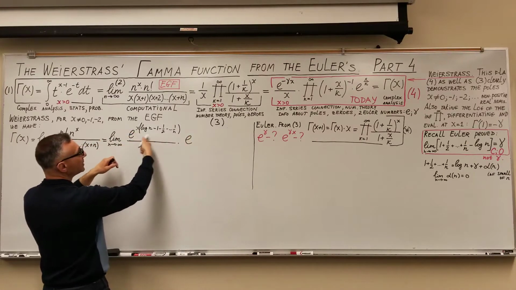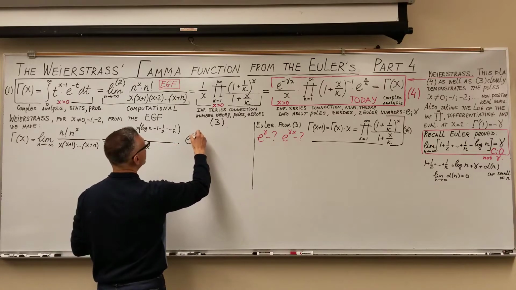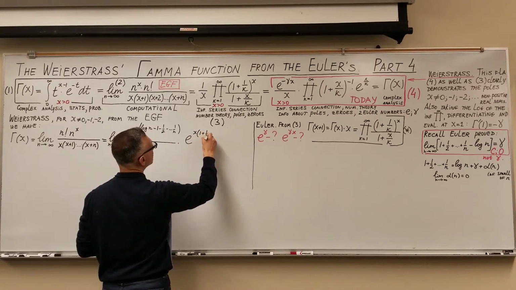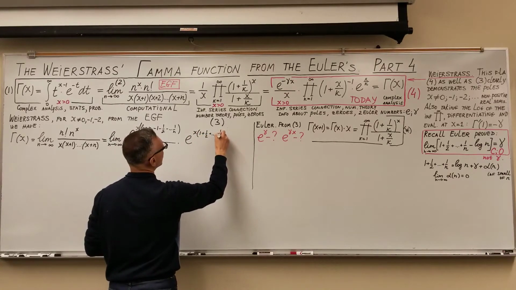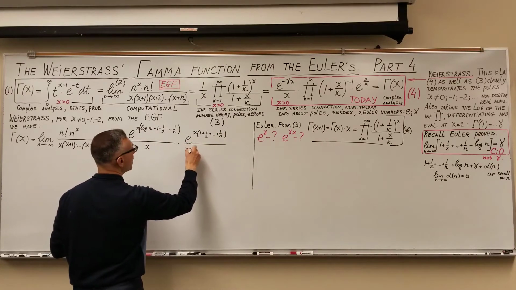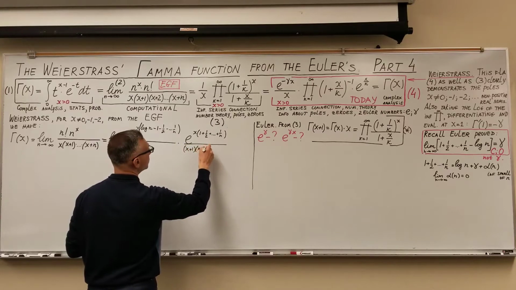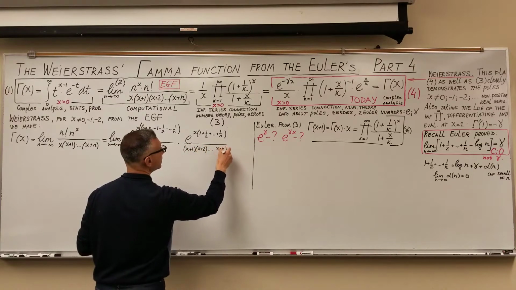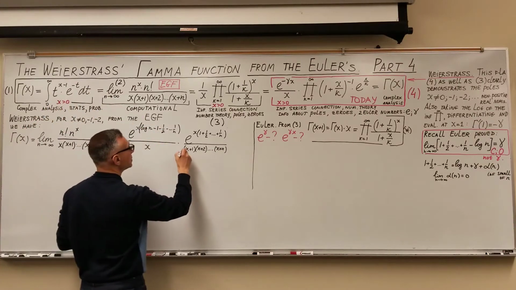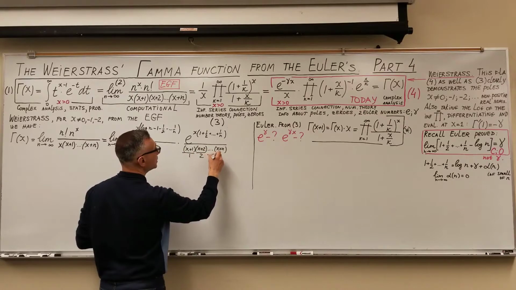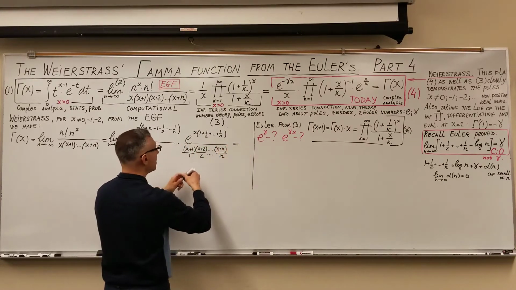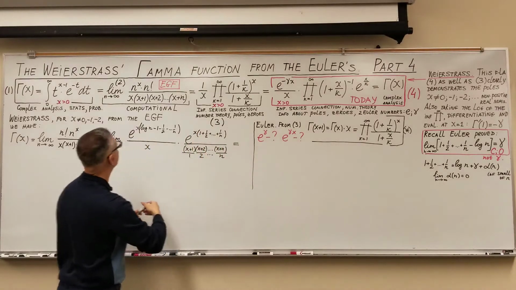So I need to compensate those extra values by multiplying by e to the x times the harmonic series, 1 plus 1/2 plus so on, plus 1 over n, and divided by x plus 1, x plus 2, up to x plus n. That's not it. I still have my factorial. I'll bring it down there, so we have 1 over 1, 2, up to n. So I have this kind of partial product here.